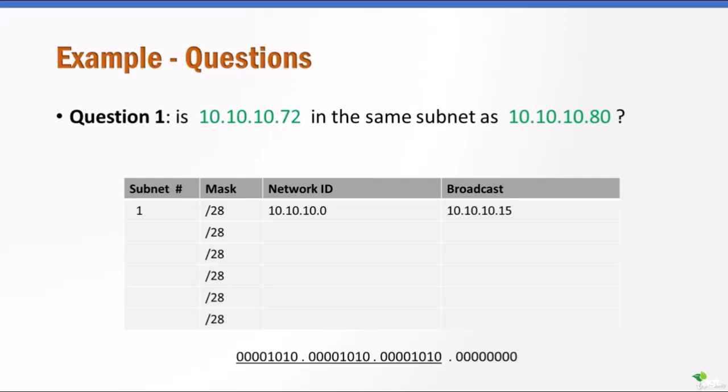Let's have a binary format down here to make it easier. So this is what the first subnet network ID is. 10.10.10.0. The second subnet network ID is going to be the next address after the broadcast address from the first subnet, which is 10.10.10.16.